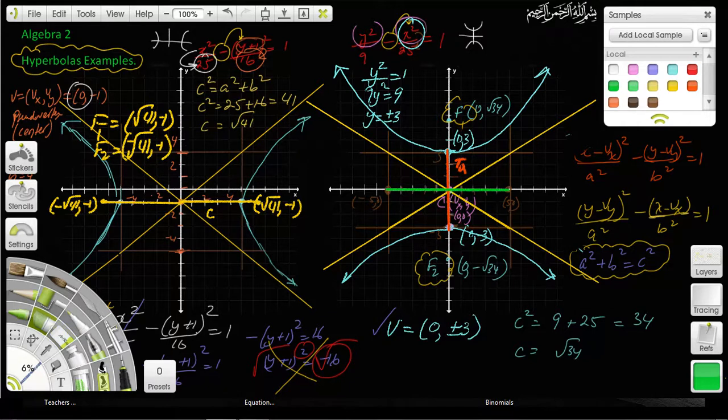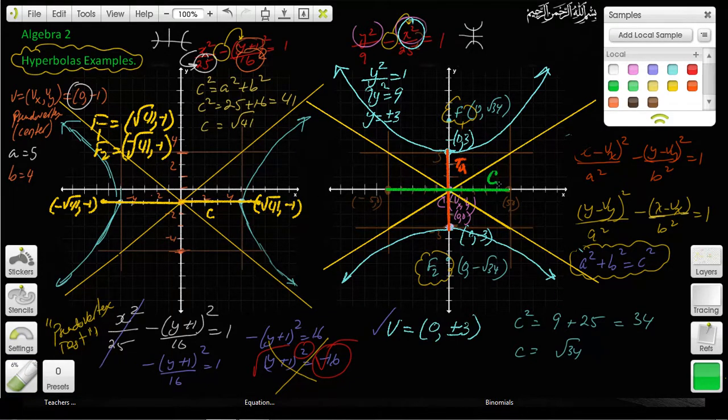Okay. So that's the conjugate axis, like that. The conjugate axis is 2 times this value over here, which is 10. The transverse axis is 2 times this value over here, which was 6. There we go.